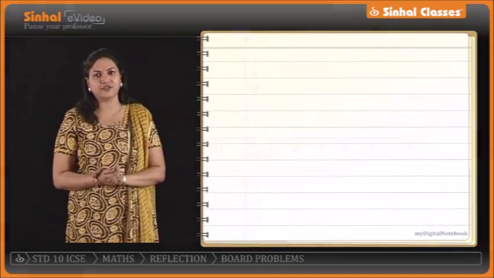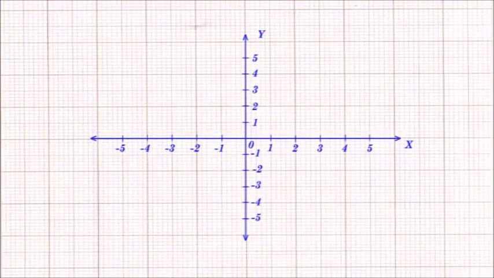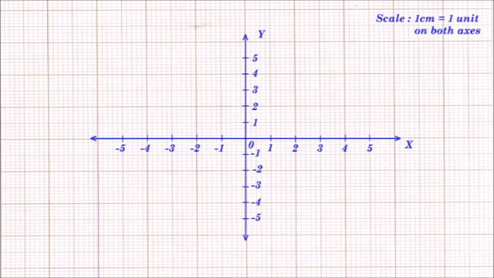Now let's take the graph sheet, draw the x-axis and the y-axis. We will write the scale as 1 centimeter is equal to 1 unit on both the axes. Now we mark the points A, B and C. A has coordinates -2, 0, B has coordinates 4, 0 and C has coordinates 1, 4.